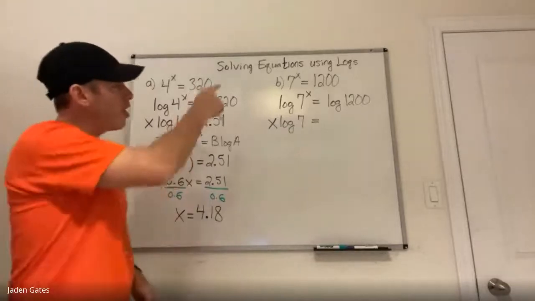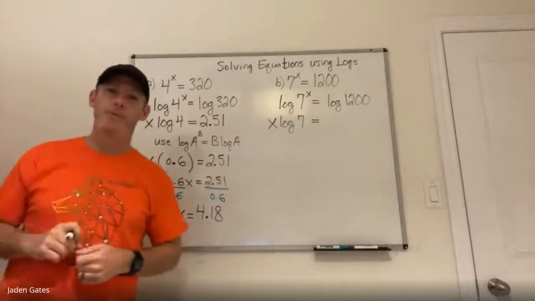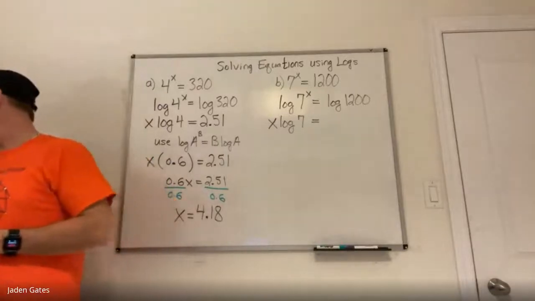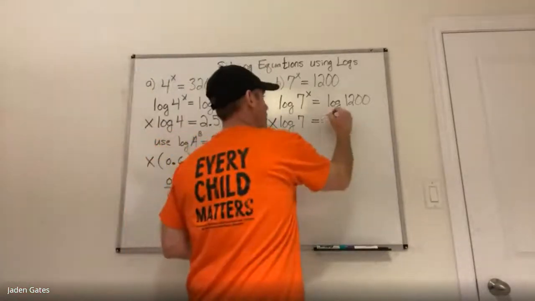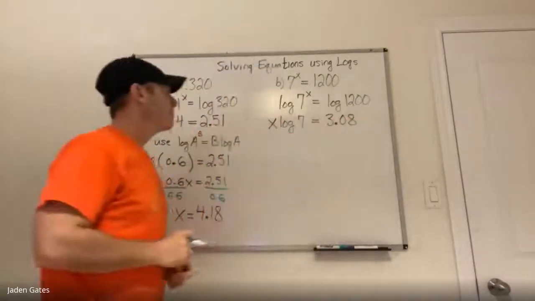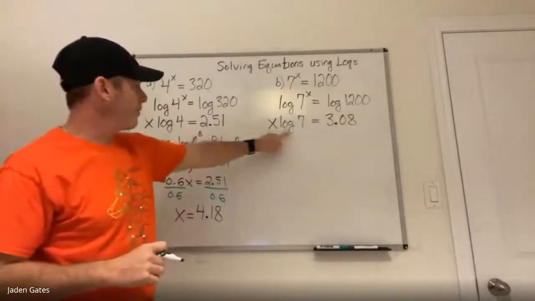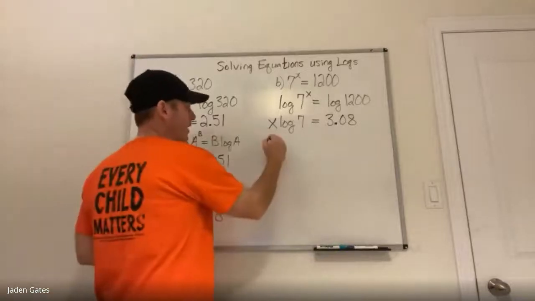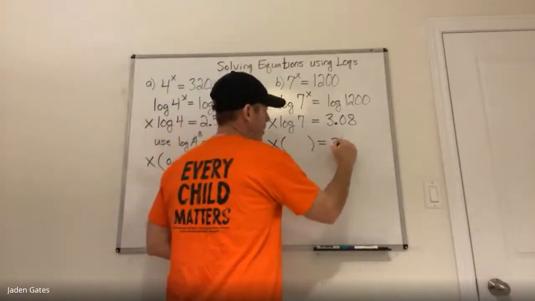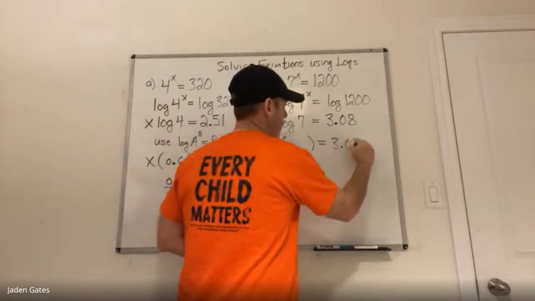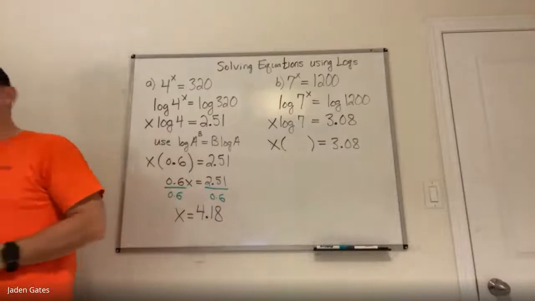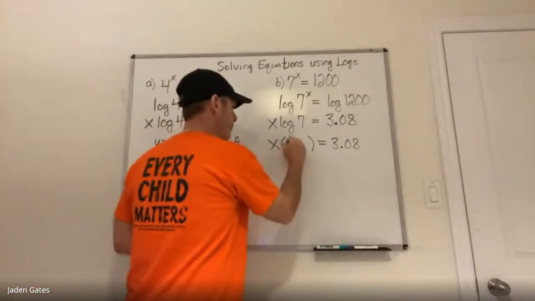Now the log of 1200, I can type that into my calculator, and I get 3.08. I can simplify further here because the log of 7 is a number. It's probably not going to be a big one, so I'm guessing it's a decimal, and it is 0.85.